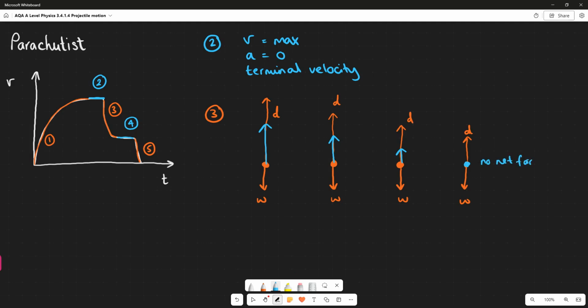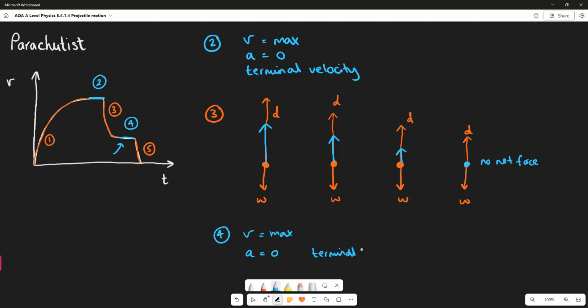So we've reached another point where there is no acceleration, there's no net force causing any acceleration, and you end up at point number 4. At point number 4, velocity for somebody who is wearing an open parachute is at its maximum. Acceleration is 0, and you have another terminal velocity.